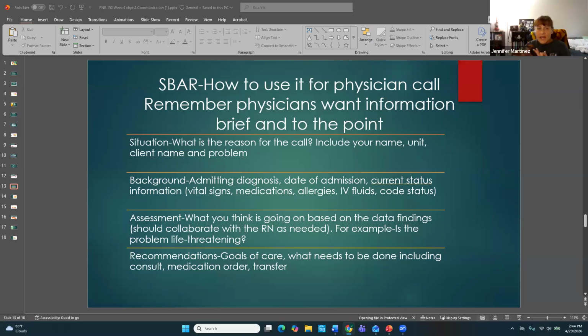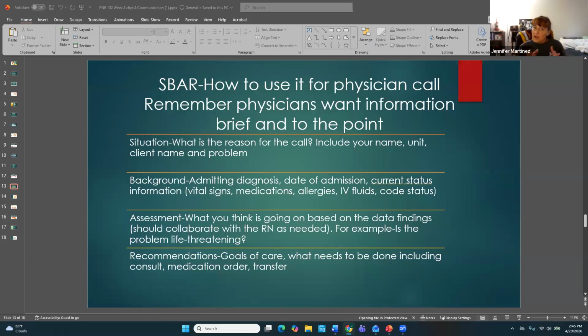If they're in a long-term care facility, maybe we need to send them to the hospital. Or if they're on a med surge unit, maybe we need to send them to the ICU, right? Do they need a higher level of care, or do we need a medication? Do we need to order lab tests or urinalysis, an x-ray, right? So always have that recommendation.